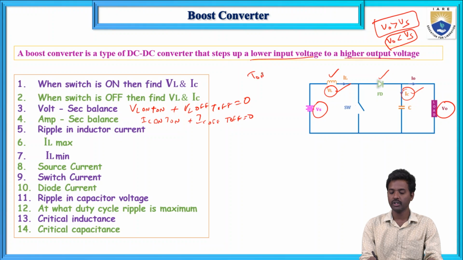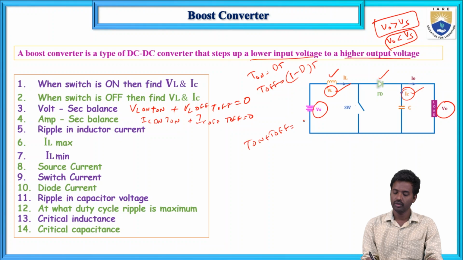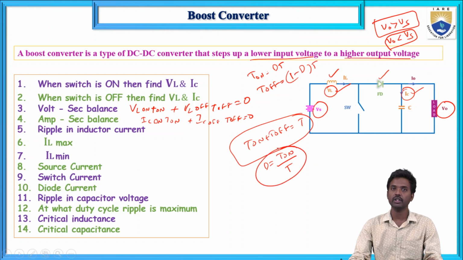Here T on equals D into T and T off equals 1 minus D into T. So T on plus T off is equal to T, the total time period, and D equals T on by the total time period T, that is T on plus T off.